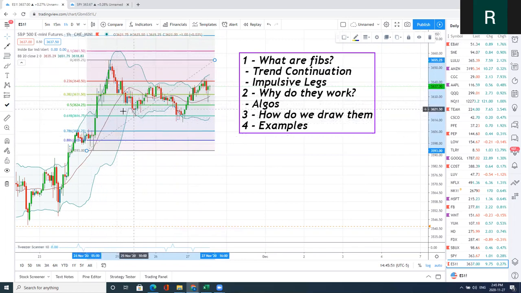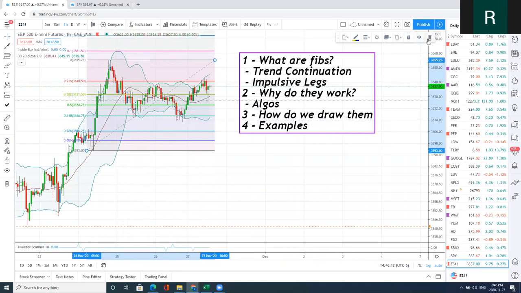And we could see here that we tagged the 618, we bounced. We tagged the 618, we bounced again. So this is how we can get high probability zones and we can make money. So we could take this, go down to a lower time frame, find a smaller entry and bang in, $1,000 here, $1,000 here, okay, with very, very small risk.